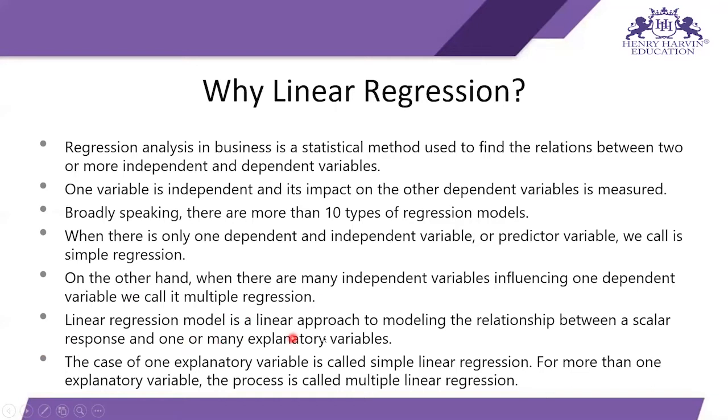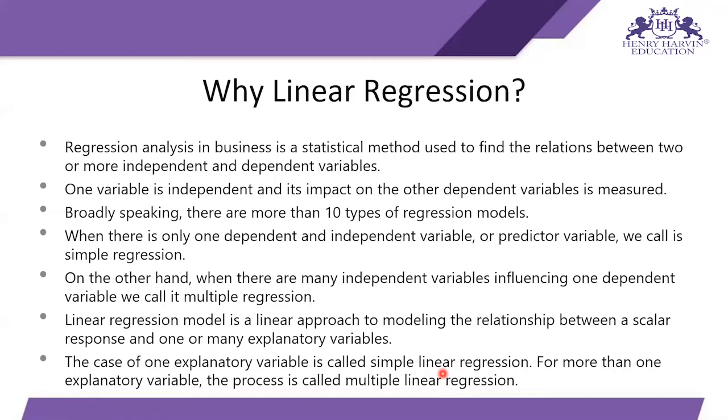Linear regression is a linear approach to modeling the relationship between a scalar response and one or many explanatory variables. The case of one explanatory variable is called simple linear regression. For more than one explanatory variable, the process is called multiple linear regression.